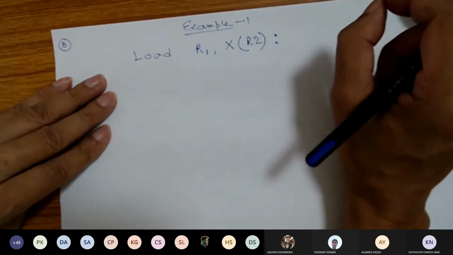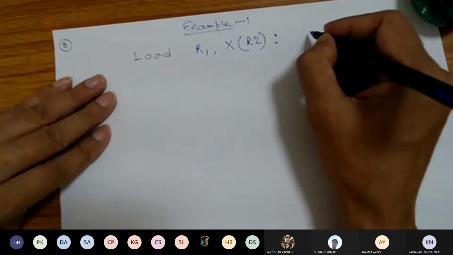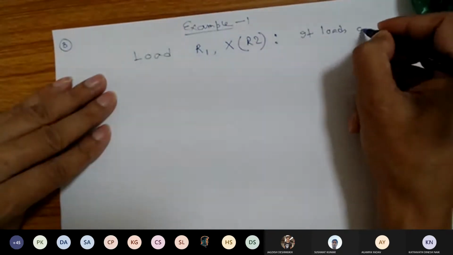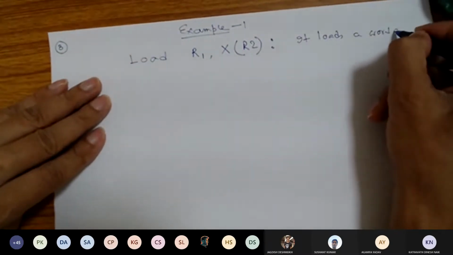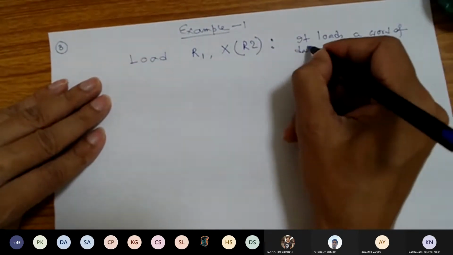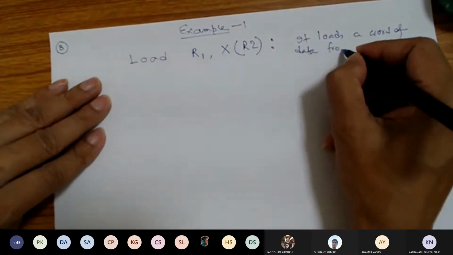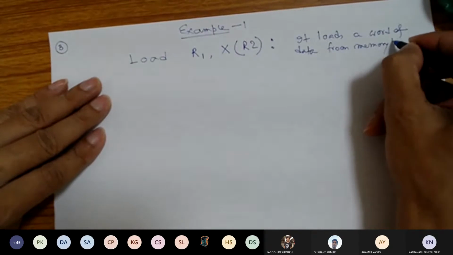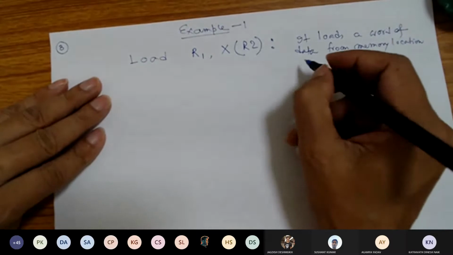It uses the index addressing mode to load a word of data from memory location, what is the location?